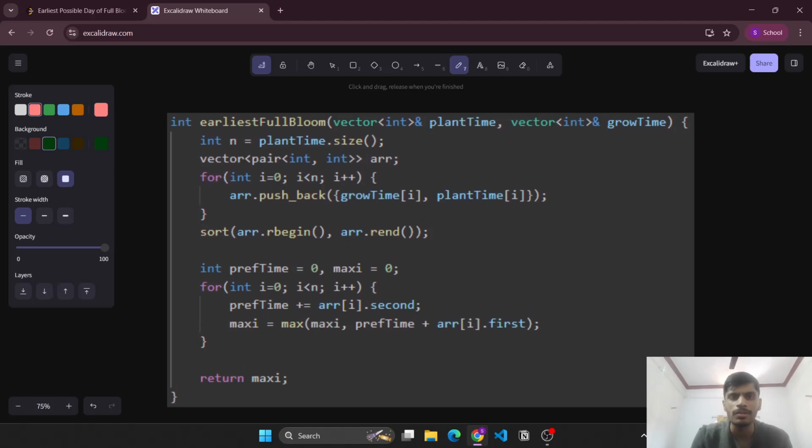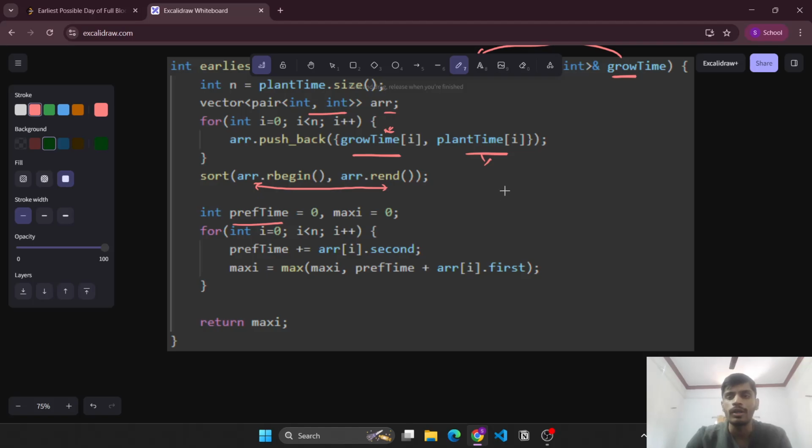The approach is pretty simple. We need to sort on the basis of grow time, so we also need access to the plant time as well. So you simply create a vector of pairs and push the grow time first and then the plant time. Now we sort in decreasing order, so that the largest grow time comes first. Now the prefix time is simply the completion time that we have for the ith seed.